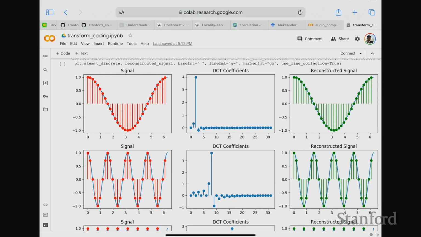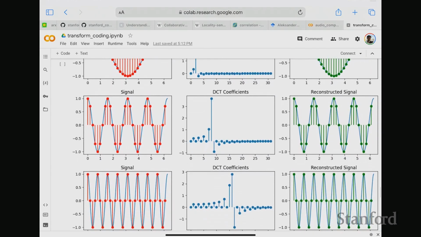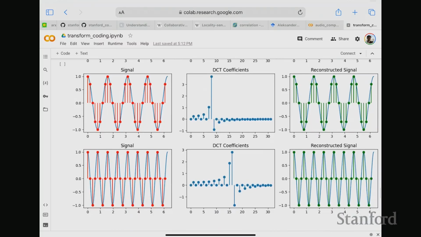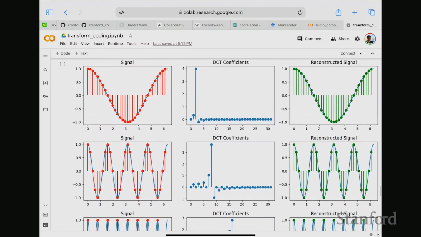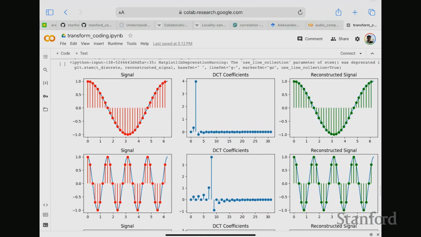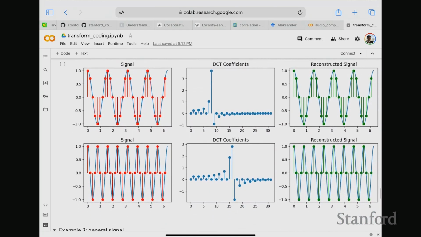And when you apply the IDCT on this DCT, you recover the original signal. On the left, as I go down, I keep increasing the frequency of my signals. And what you see is that the energy in the DCT coefficients is moving towards the right. Your DCT is tracking the frequency of the signals in substance.